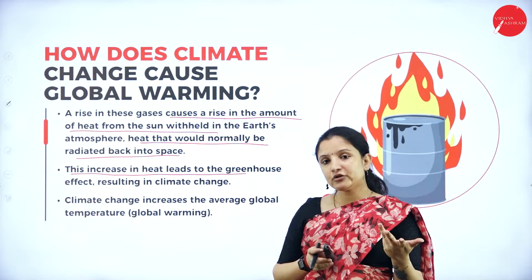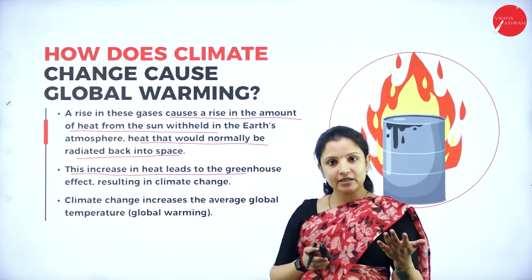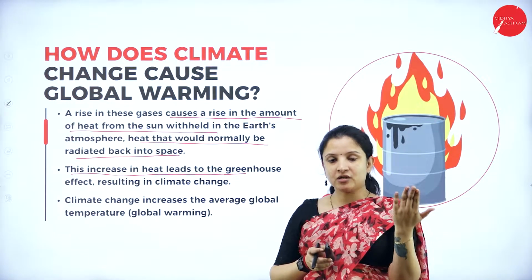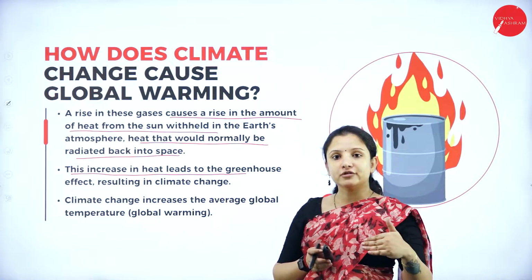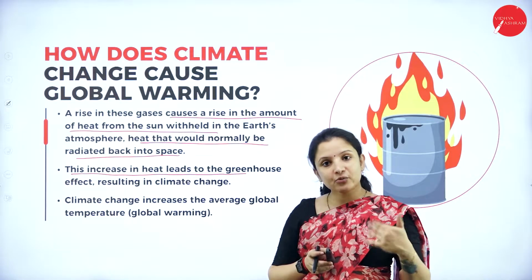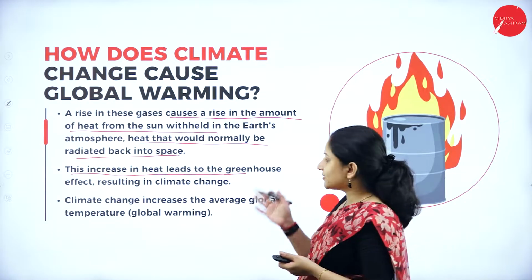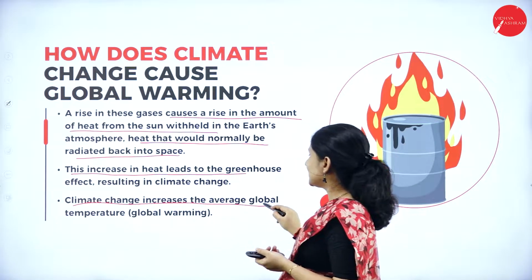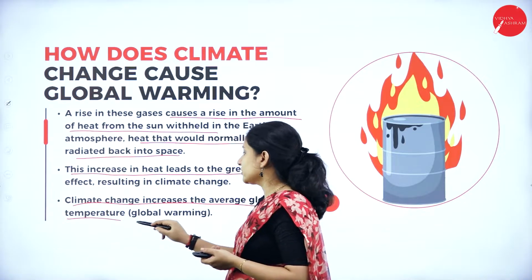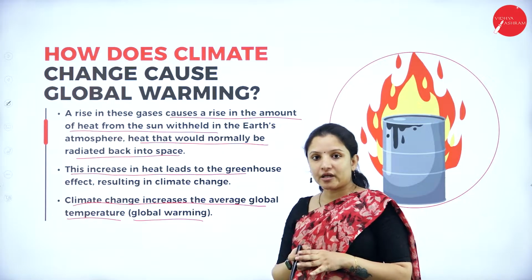If the heat of the earth increases, of course rainfall can increase because of excessive evaporation, but even if rainfall increases, whatever water falls on the ground will evaporate very fast, therefore leading to a lot of climatic changes, and the climatic change increases the average global temperature, therefore leading to global warming. So this is how global warming can occur.